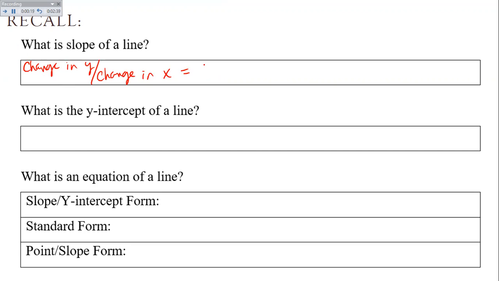And in letters or characters, it would be delta y over delta x. In formula, that means that I have 2 points. So if I have x1, y1, I have x2 and y2. My slope would be y2 minus y1 divided by x2 minus x1.